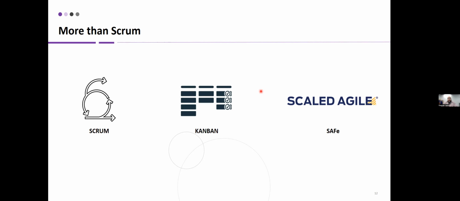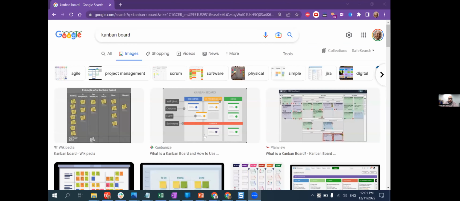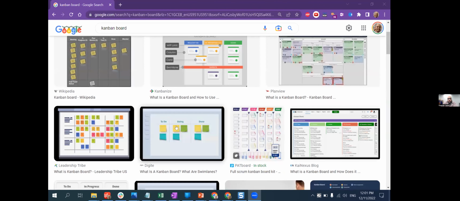If you're familiar with a Kanban board, and I hope that at this point most of you are, let me go ahead and show you one. I have it here in the icon, but I just want to make sure that you see it. I'm just getting you a picture of it. All right. Here, you're probably quite familiar.